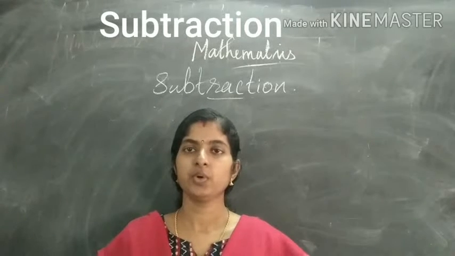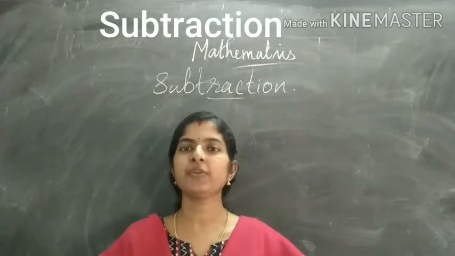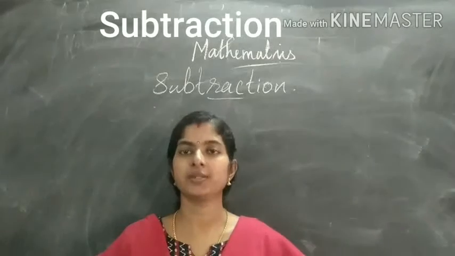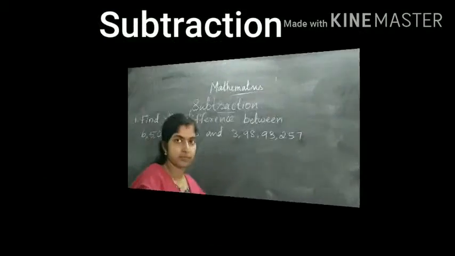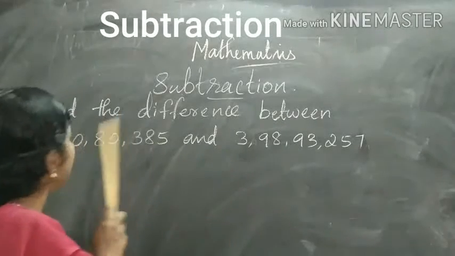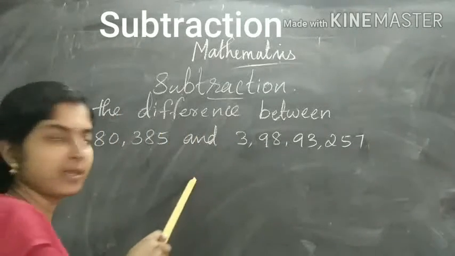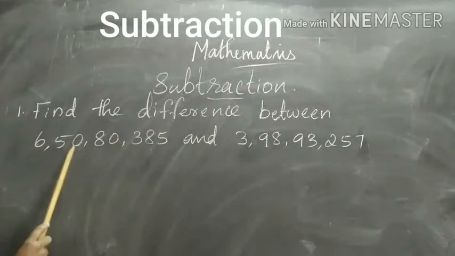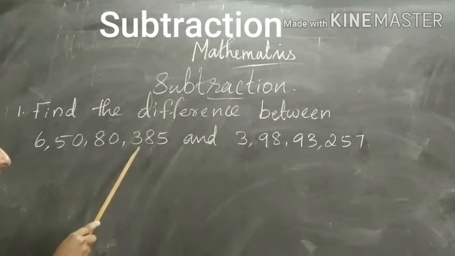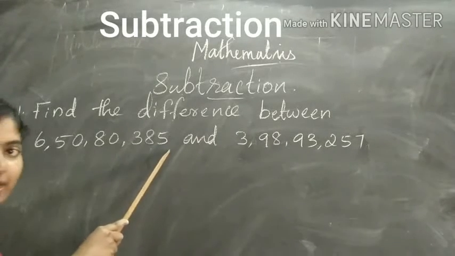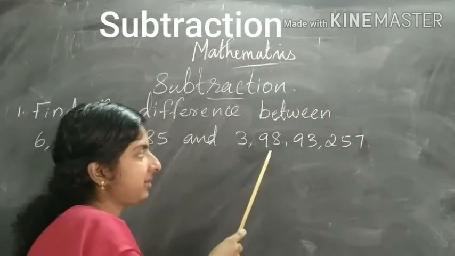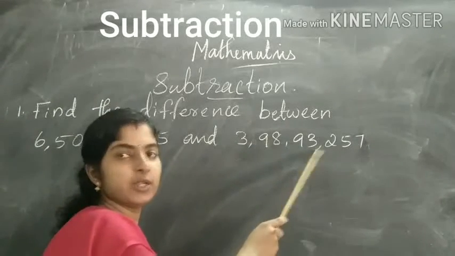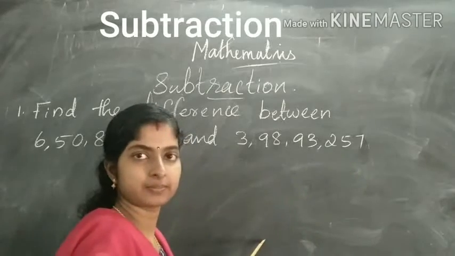Here also we have to find the difference between two large numbers. Okay, for example, find the difference between 6,50,80,385 and 3,98,93,257.